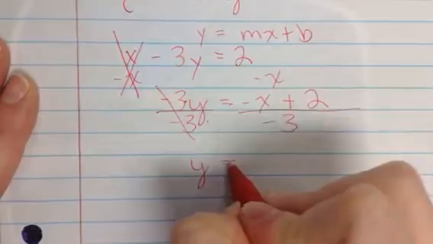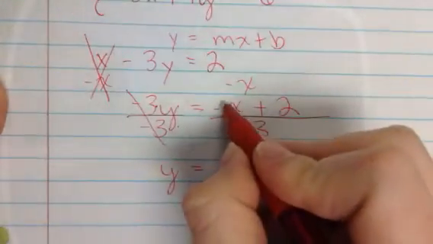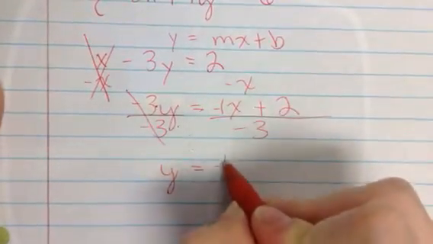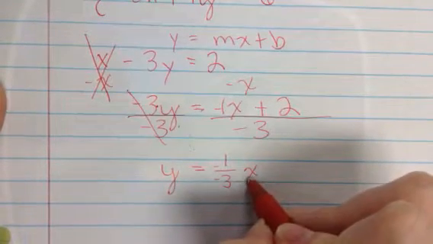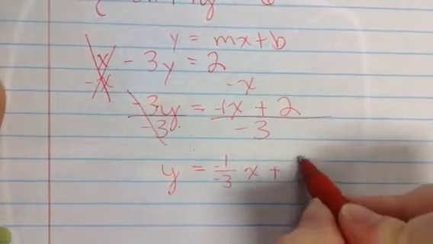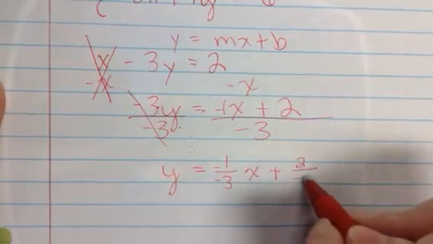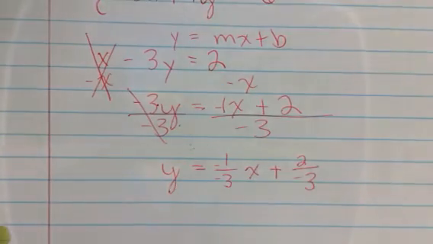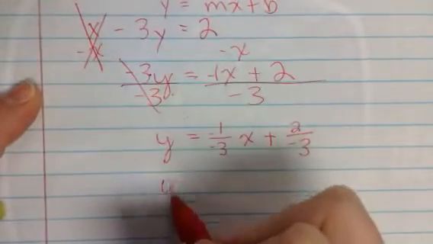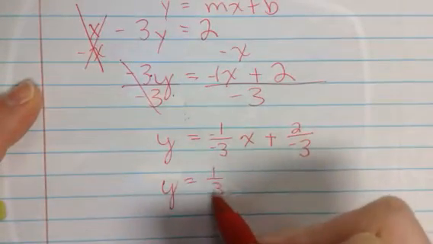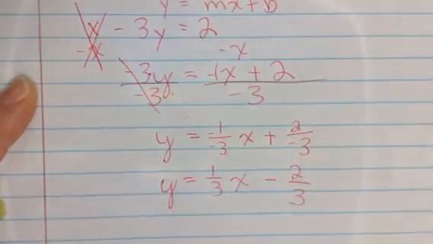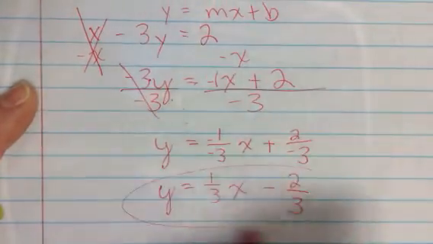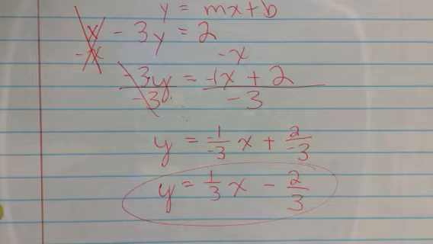So I have y equals, if it doesn't have a number, you give it a 1, so this is negative 1 over negative 3 x plus 2 over negative 3. I can simplify that to 1/3 x minus 2/3.